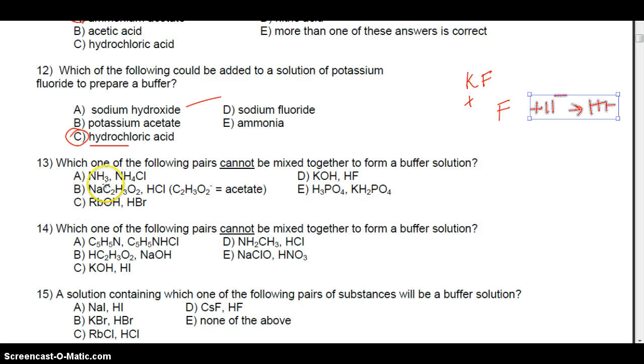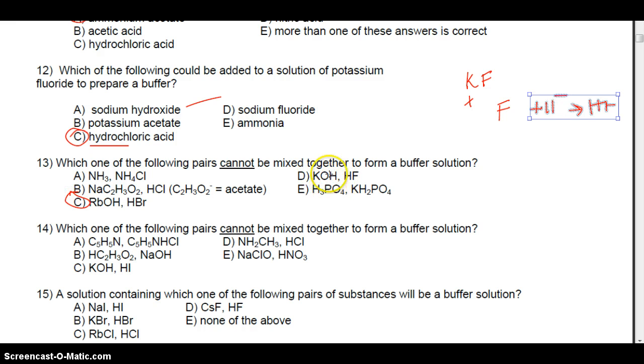For B, we've got sodium acetate, and they're mixing it with HCl. At first glance, you think, oh, that's not a buffer. But again, adding the strong acid, the H+ is going to get together with the acetate and form the acetic acid for you. So that would be a buffer. RbOH and HBr, strong base, strong acid, no way you're going to have a buffer.